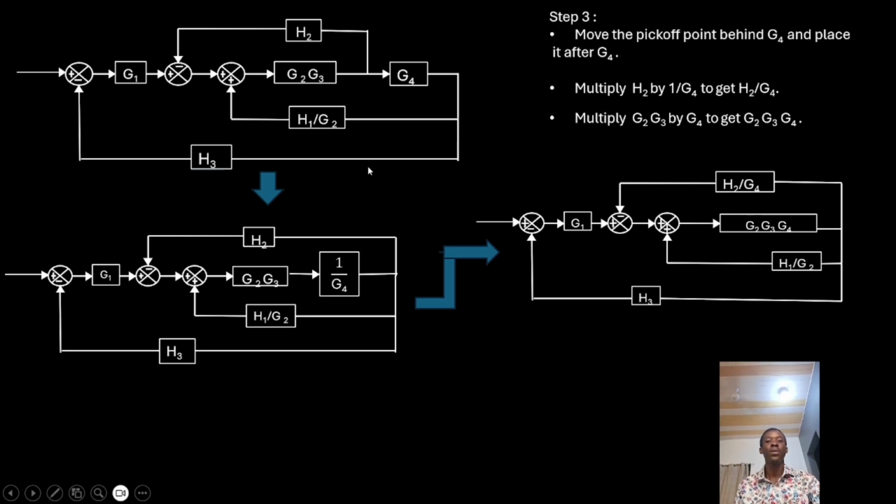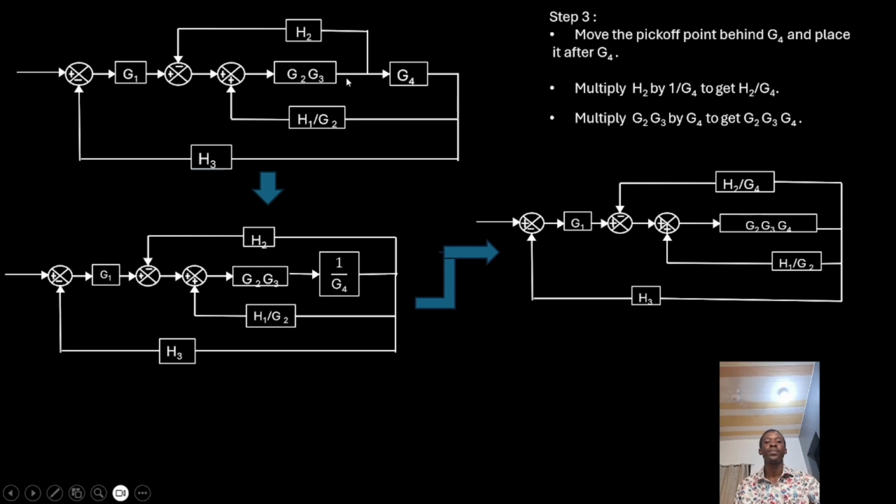Secondly, because block G4 is now in series, after dividing H2 by G4, this G4 now becomes in series with the G2G3 block.